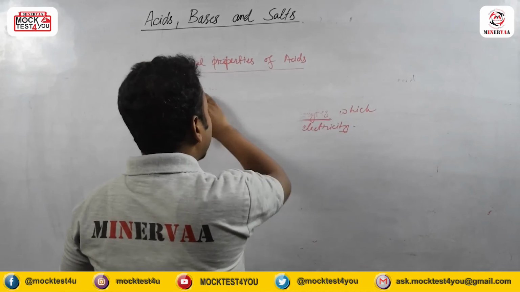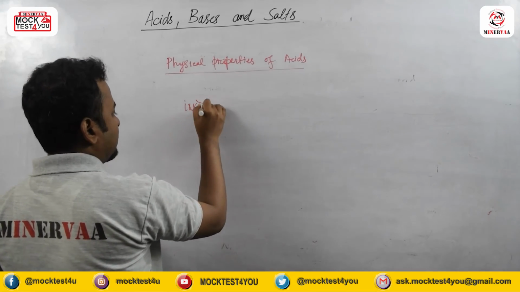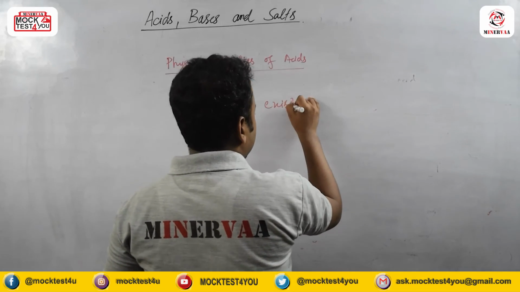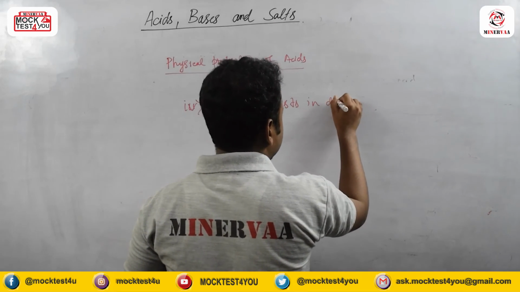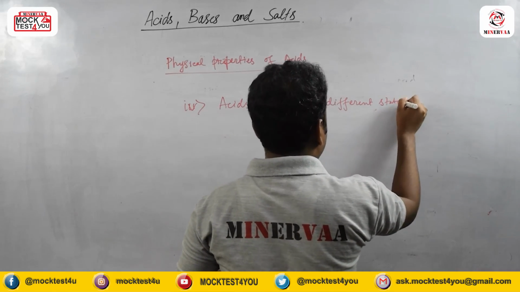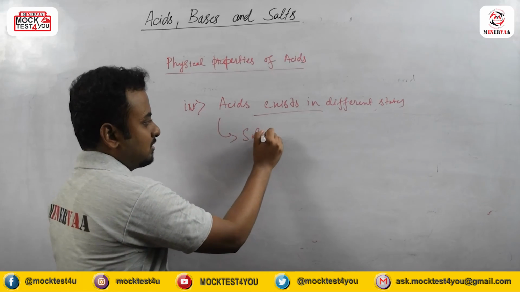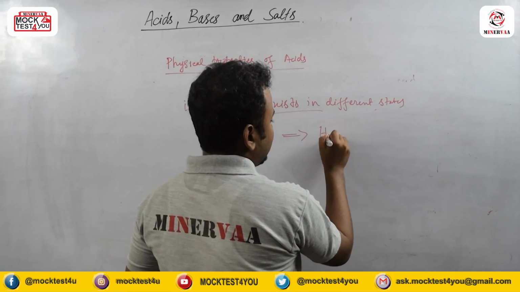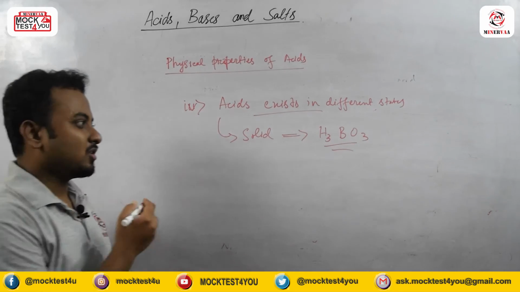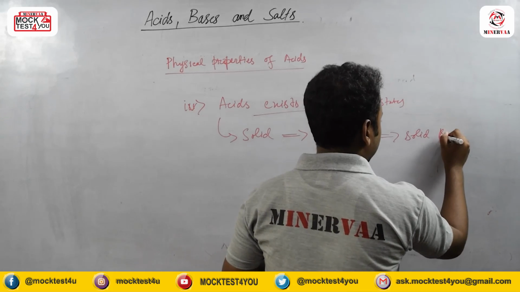So the last physical property of acid is number 4: acids exist in different states. Acid can exist in solid state, like H3BO3, boric acid, which is found in solid state in packets.